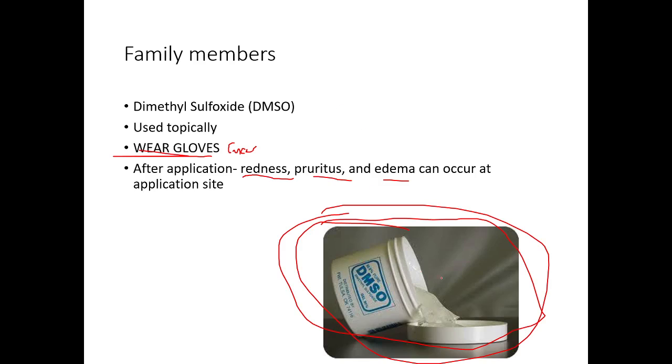Dimethylsulfoxide is really good at going through the skin as a transdermal agent. So it will take anything that's with it on the skin through into the body. So we want to make sure it's put on clean skin. And if we put medication into it, that will increase the ability for it to get into the body.